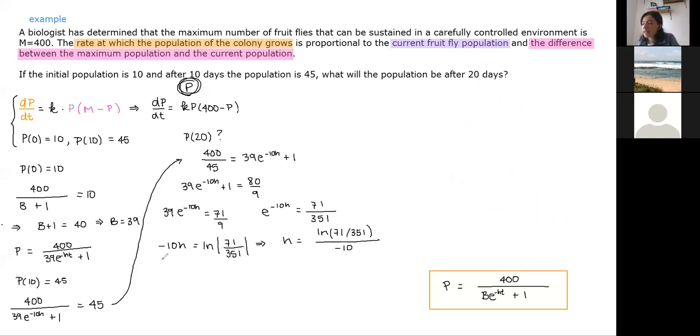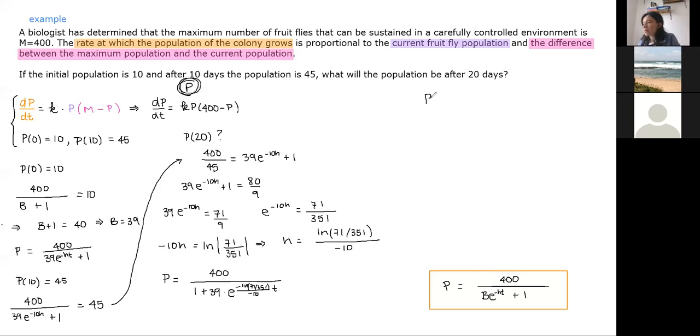All right, so now by plugging into the expression that we have for p, we have that p is equal to 400 divided by 1 plus 39 times e to the minus h times t, where minus h is minus ln of 71 over 351 divided by minus 10, times t.